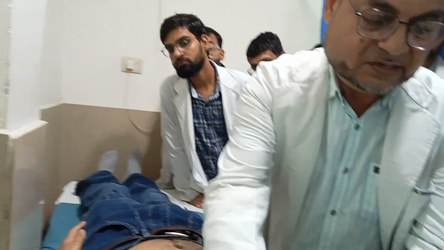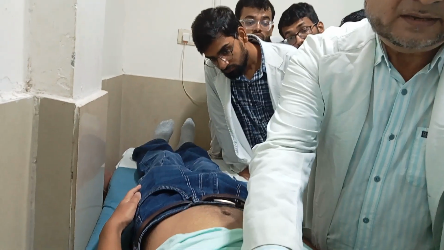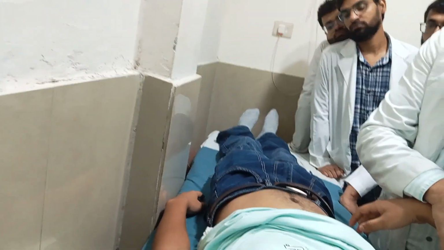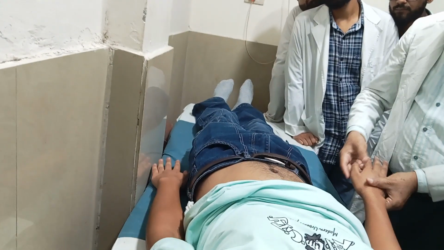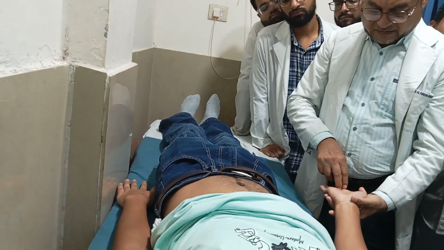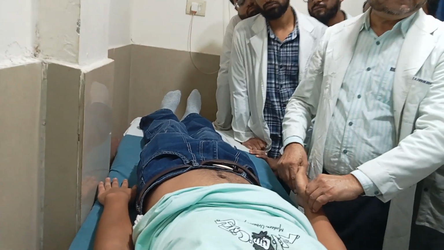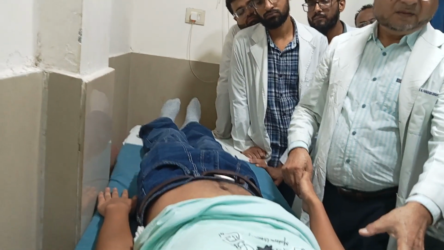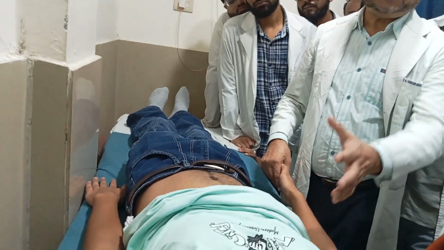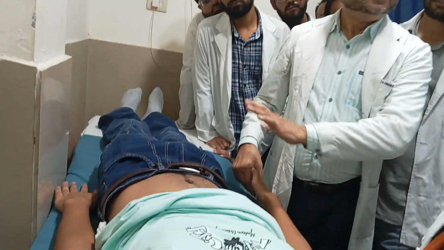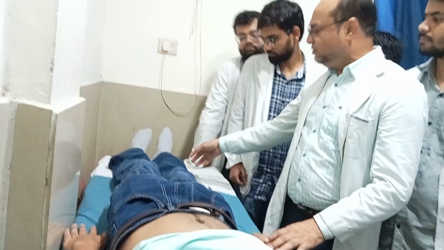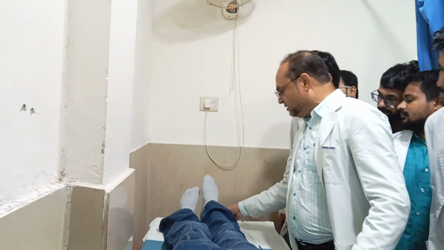You see the transverse chain, you see the vertical chain, and you see the axilla. Then you see for clubbing, koilonychia, palmar erythema, and you see for the pulse, the blood pressure and temperature. Respiratory rate appears to be normal. And then you finally go to the pedal edema. You see for pedal edema.